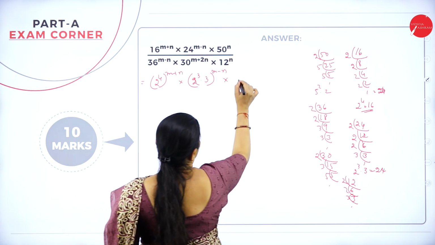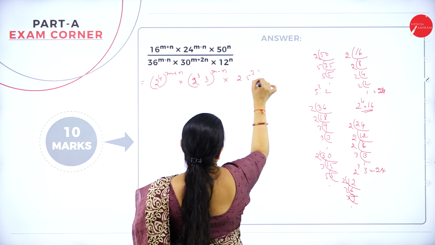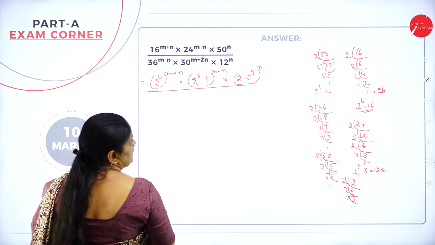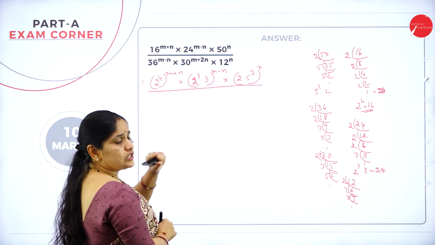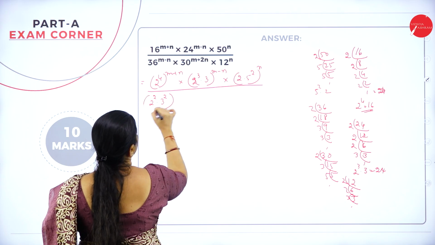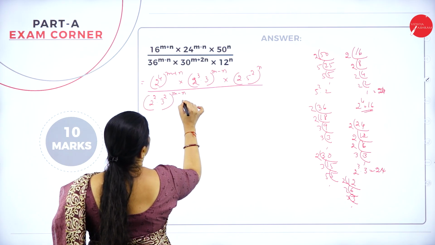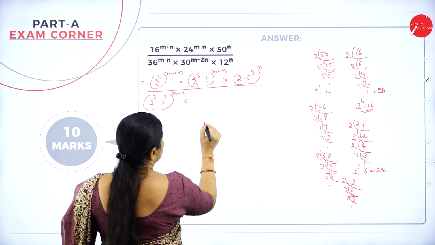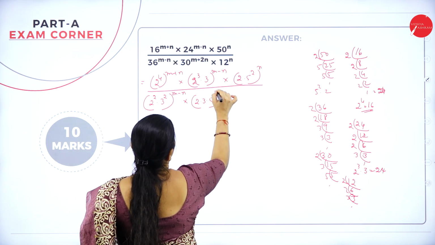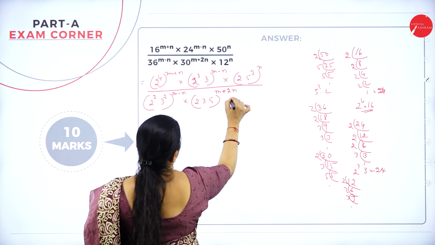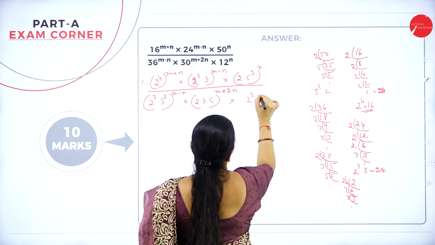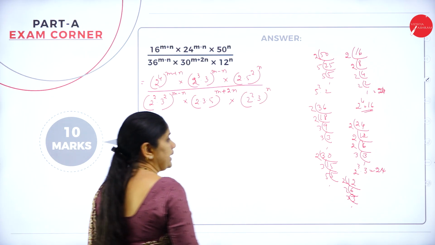Now 50 can be written as 2 into 5 square to the power n, whole over 36, which can be written as 2 square into 3 square, whole to the power of m minus n. 30 can be written as 2 into 3 into 5 to the power of m plus 2n. Then 12 can be written as 2 square into 3 whole to the power n.